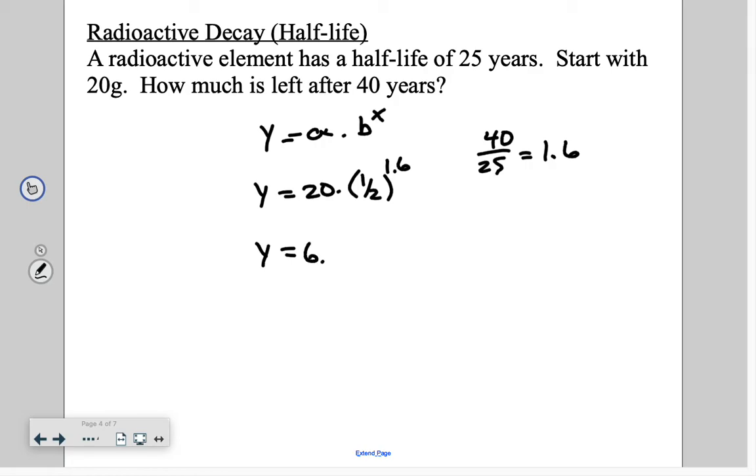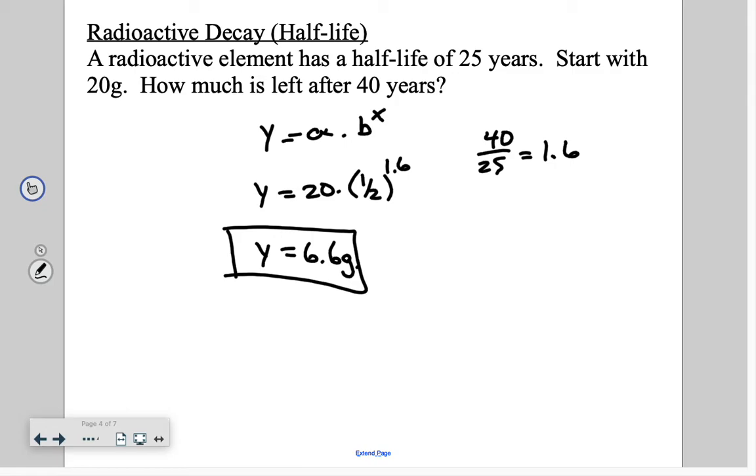Perfect. 6.6 grams approximately. So you started with 20 grams of whatever this radioactive substance is, and 40 years later, there's 6.6 grams left. This, again, is something that scientists need to keep track of, because if you're dealing with radioactive substances, you need to know when is it basically gone. That's why they're keeping track of this. So when is it safe?